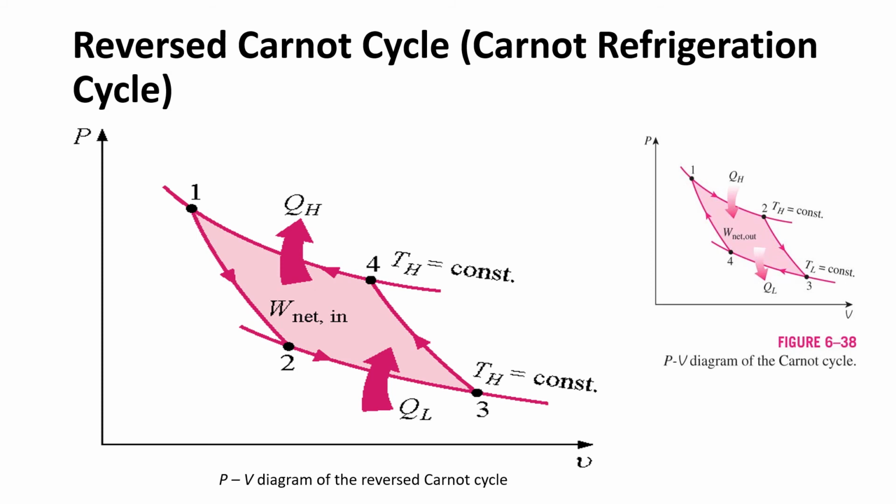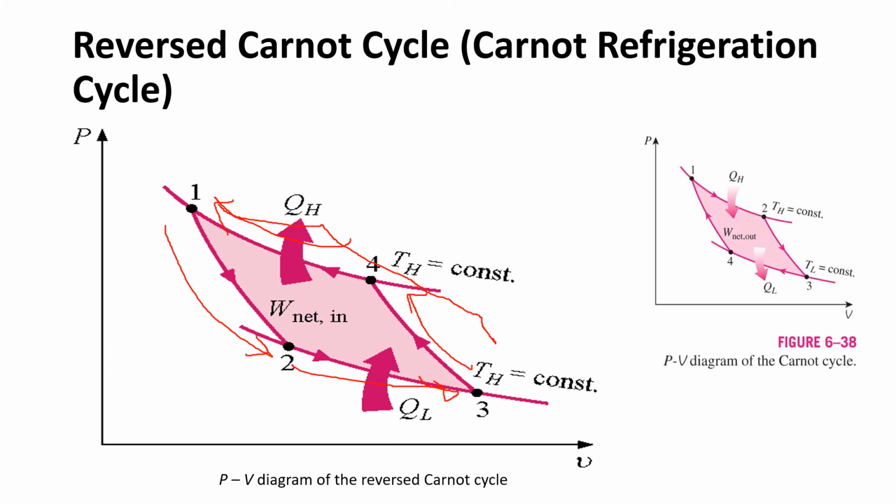Okay, for the Carnot heat engine cycle, this one is a totally reversible engine, because from 1 to 2, 2 to 3, 3 to 4, and 4 back to 1.